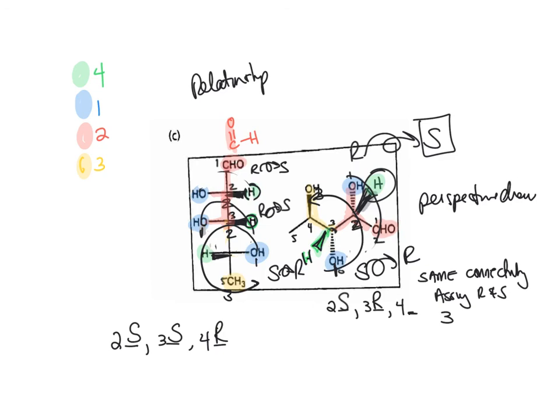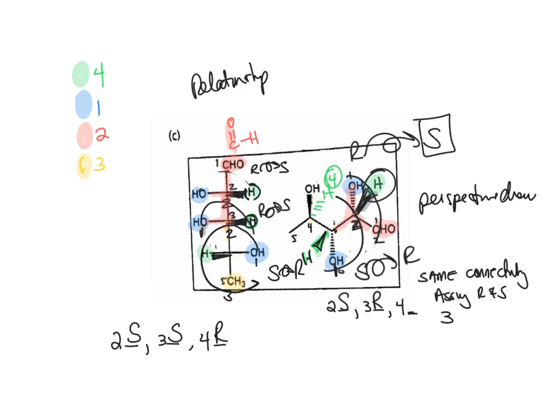All right, and then let's do our last stereo center assignment. And what do we have here? We don't have hydrogen in there, so we can draw that in. What's nice is we get to draw it in the back, and you know that means it gets to stay in back.